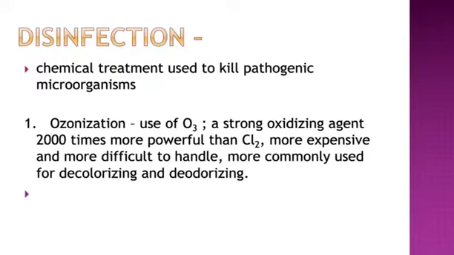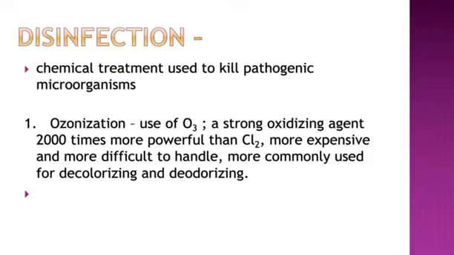One of the most important parts of the chemical process is disinfection. We all know that the presence of microorganisms and bacteria in the water should be 0 milligrams per liter, because bacteria grow exponentially and reproduce by binary fission. So we need to kill those pathogenic microorganisms present in the water.